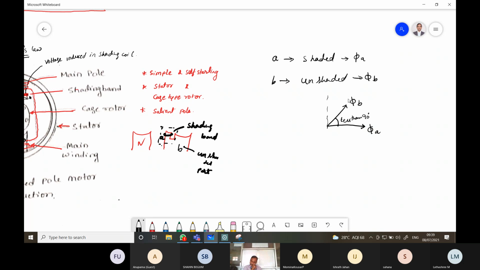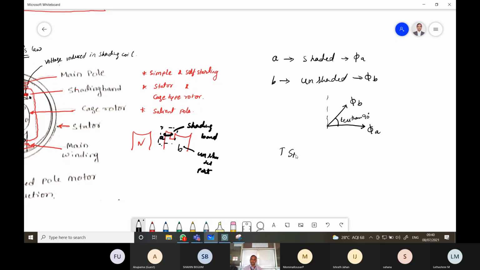So the condition for setting up a rotating magnetic field is produced here, and under the action of the rotating flux, a starting torque T ST is also developed.